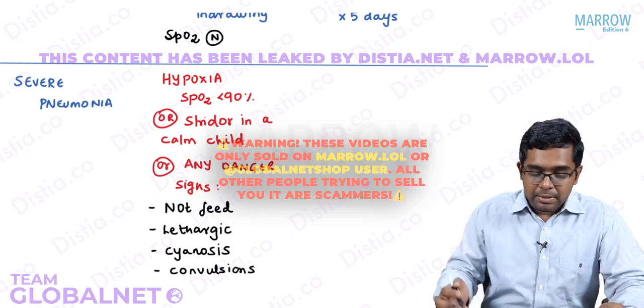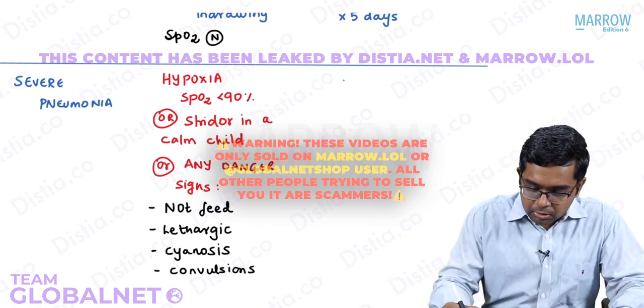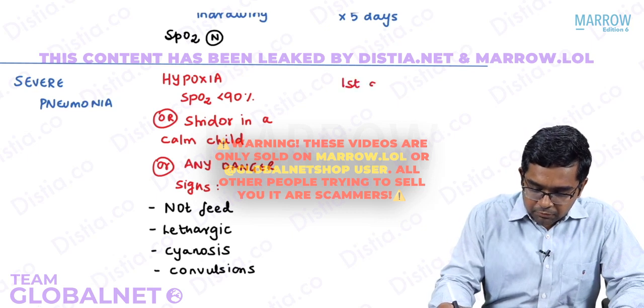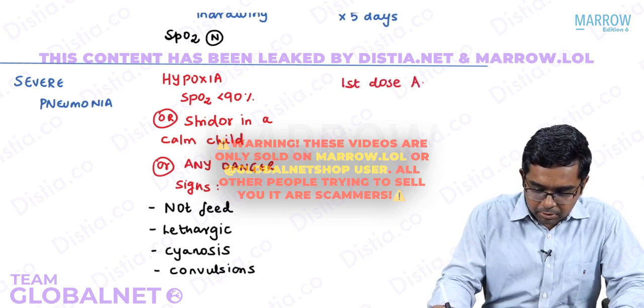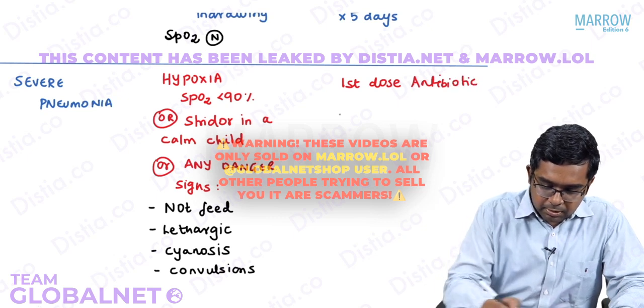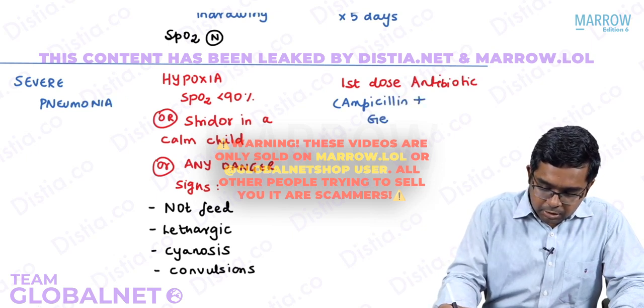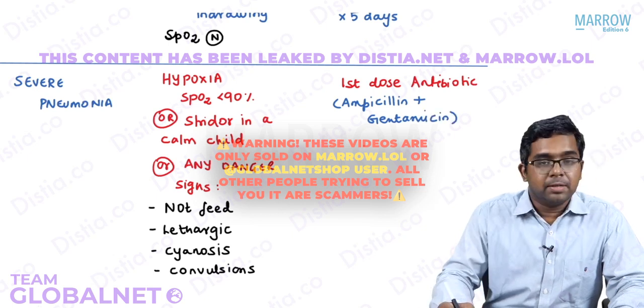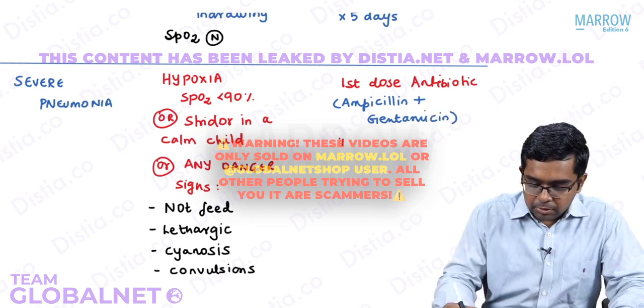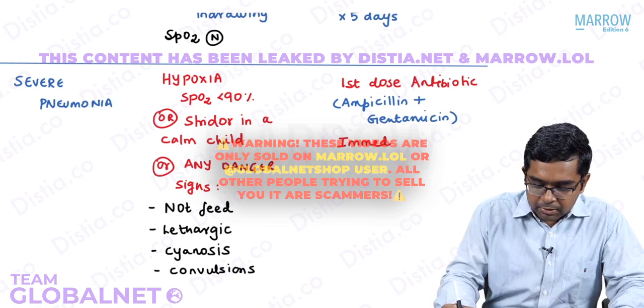What is the importance? For severe pneumonia, you have to give the first dose of antibiotic immediately. It is a combination of ampicillin and gentamicin. You have to give the first dose of antibiotic, and then you have to immediately refer the child to hospital.